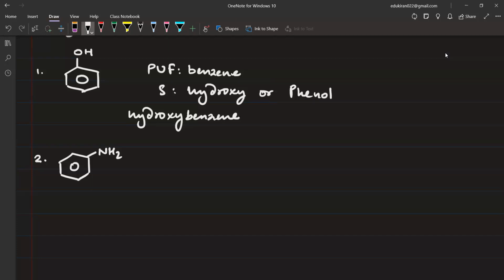So NH2, it is aminobenzene, or you can write aniline. Okay, this is aniline. Next, you have OCH3. So this will be methoxybenzene, but it is also known as anisole.